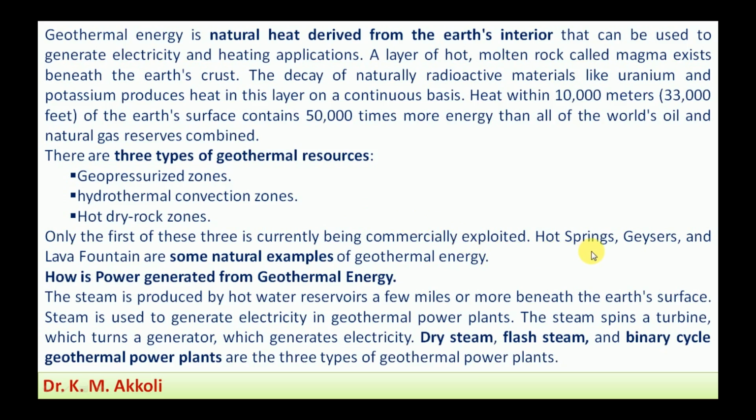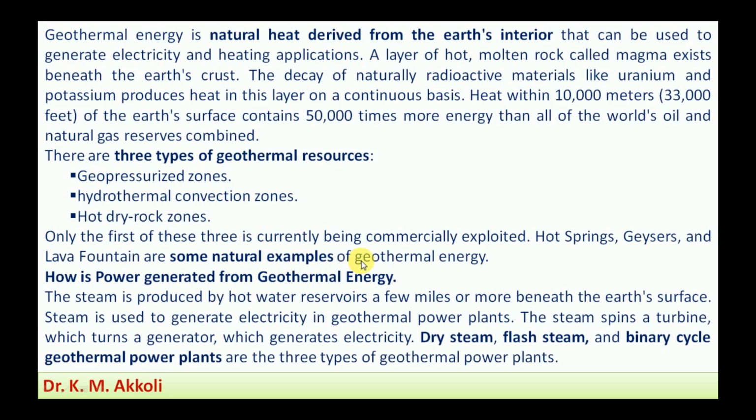Hot springs, geysers, and lava fountains are some natural examples of geothermal energy. In certain regions we can see hot springs. That is hot water coming out of the earth. And geysers, where in some regions the water along with steam comes out.